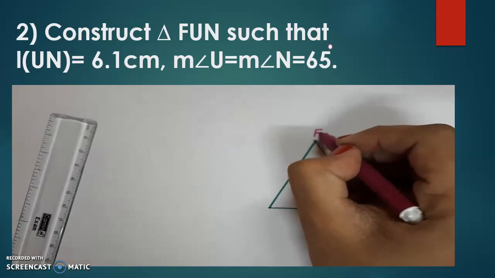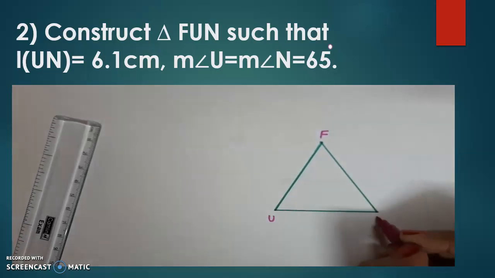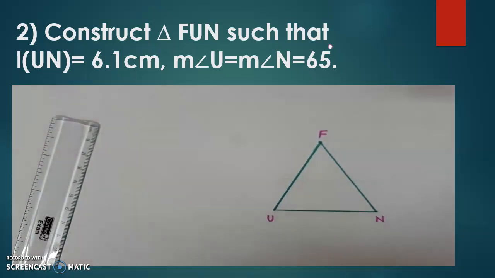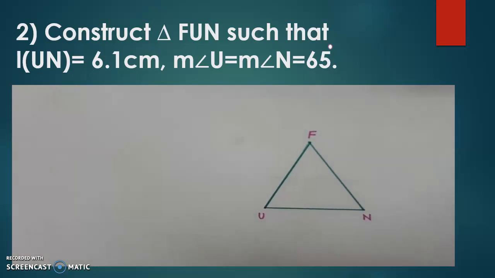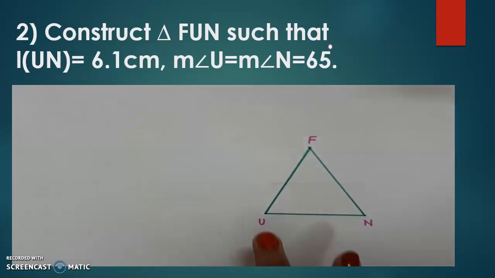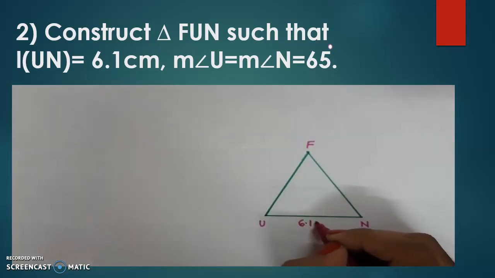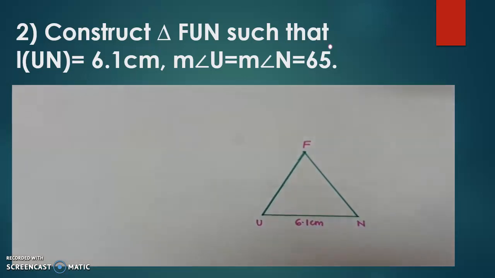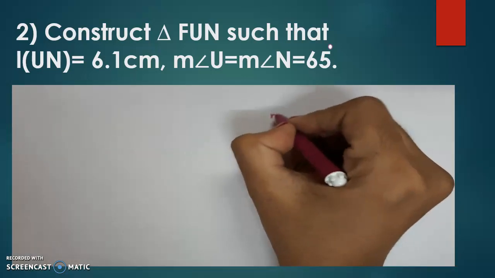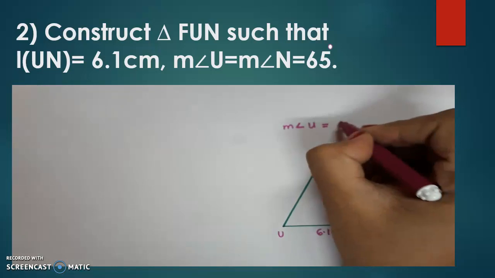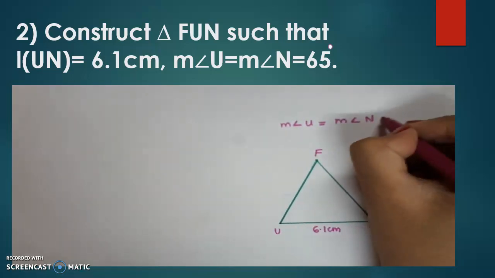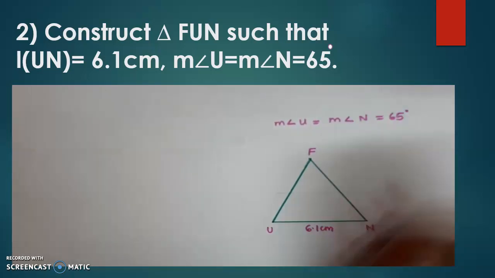Name is given FUN, so we'll write FUN. After writing the name, we will see what measurements are given. Length UN is equal to 6.1 centimeter. So this is our UN, and here we will write 6.1 centimeter.